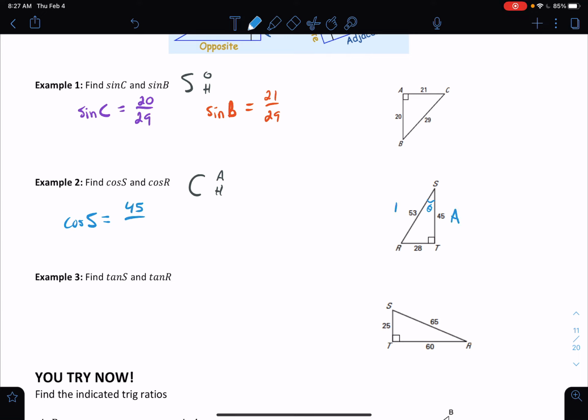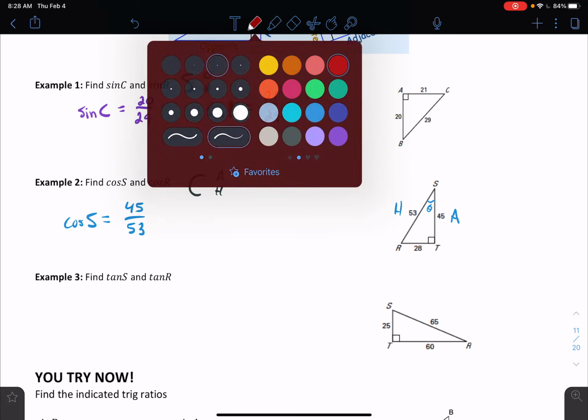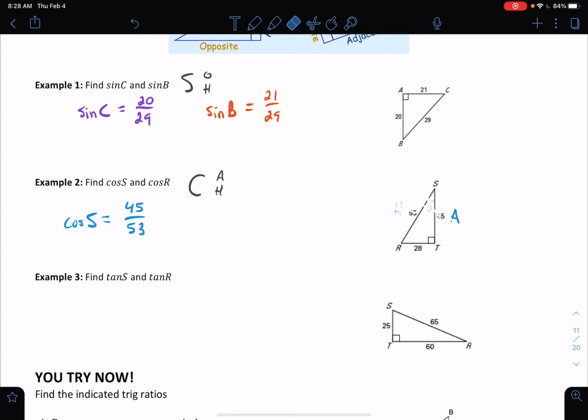The hypotenuse is 53. So you'll see there, sometimes I label the side lengths with respect to that angle because that's going to help us set up these ratios quickly. The 45 is the adjacent, the 28 is the opposite, and the 53 is the hypotenuse if S is my theta. That's going to change if R becomes my theta.